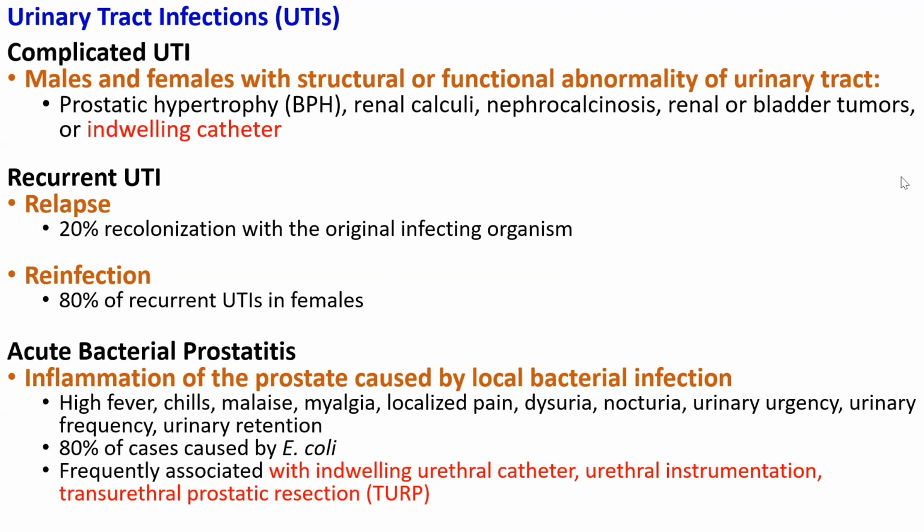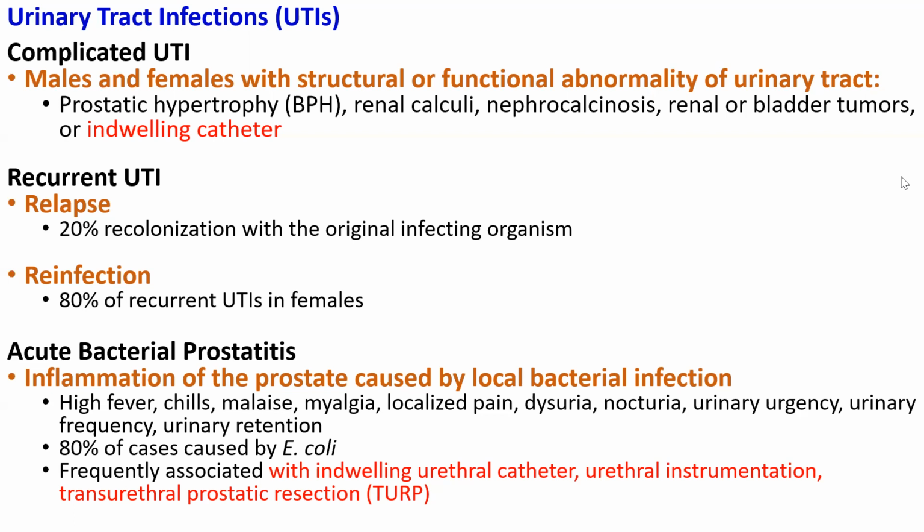And we have recurrent UTI, in which relapse, about 20% recolonization with the original infecting organism, suggests a structural abnormality of the urinary tract, involvement of the kidneys, or chronic bacterial prostatitis, infection of the prostate gland.